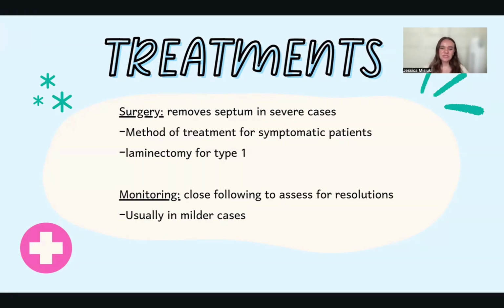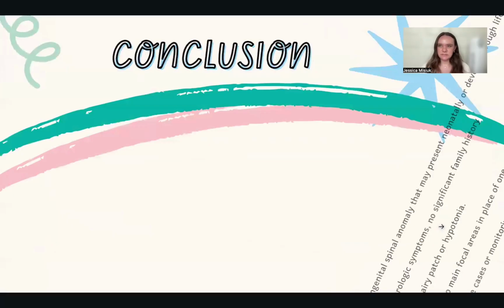So for those milder cases, you usually want to do a close follow-up and assess if there are any resolutions, or if the symptoms get worse, then you might want to continue with surgery. Usually with these milder cases, you don't want to go in with surgery right away because of the possible risks that come with surgery and anesthesia, especially in these younger patients.